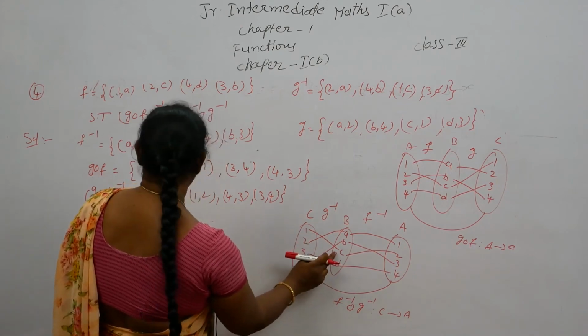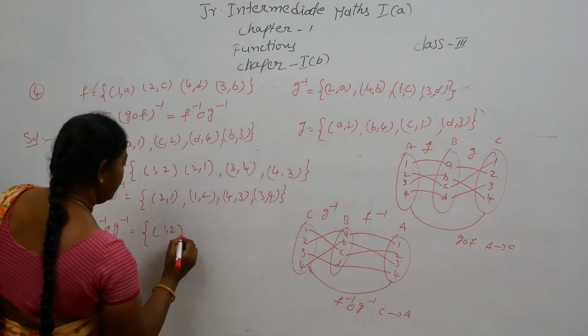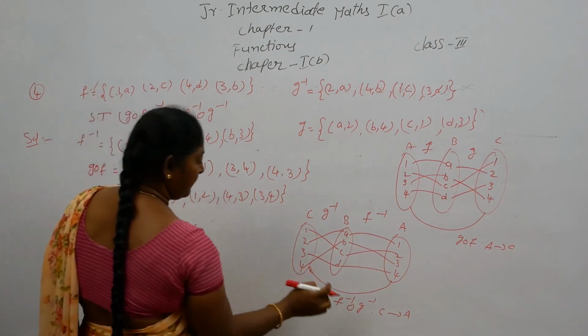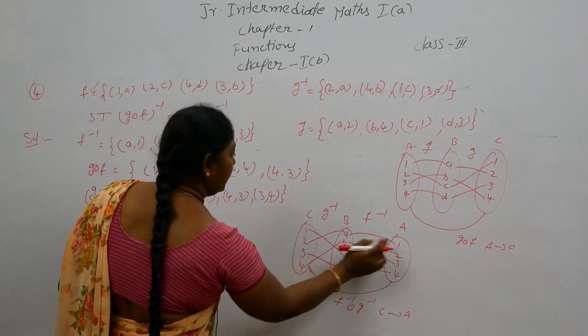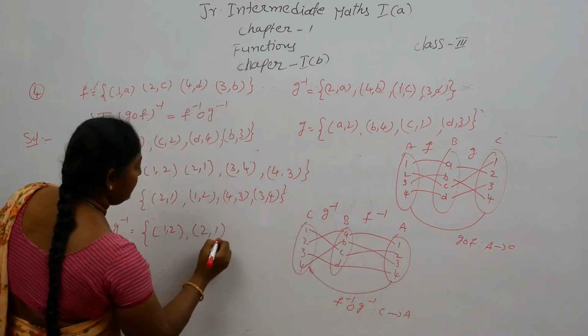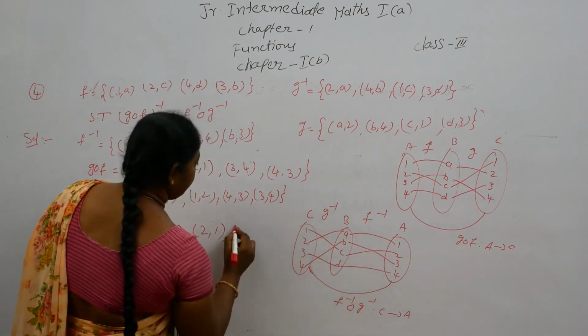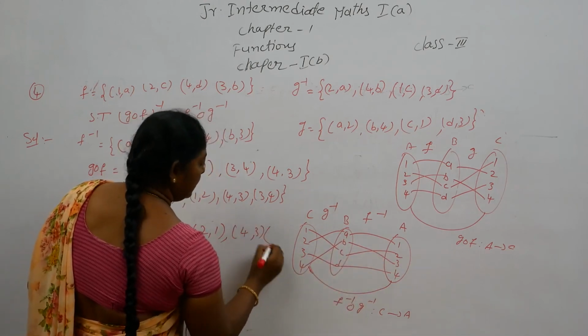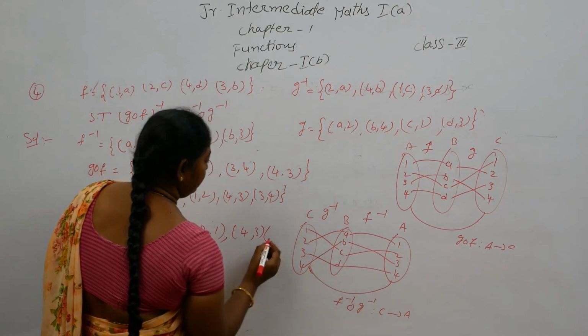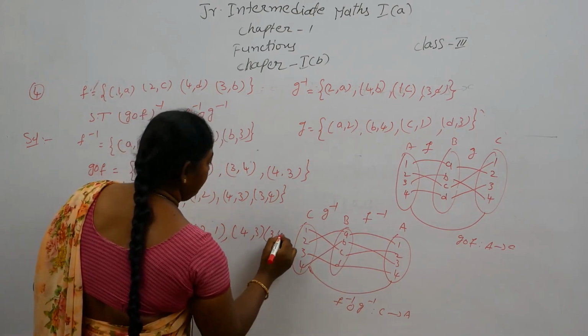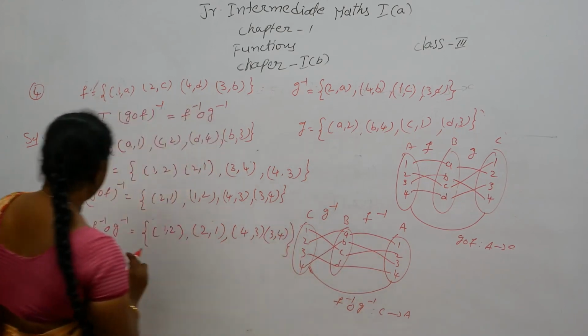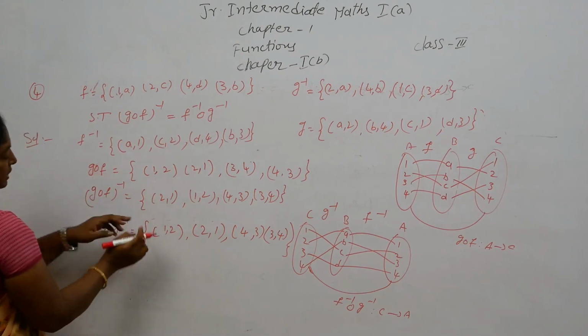Then 2 to A, A to 1, so 2, 1. 4 to B, B to 3, so 4, 3. 3 to D, D to 4, so 3, 4.